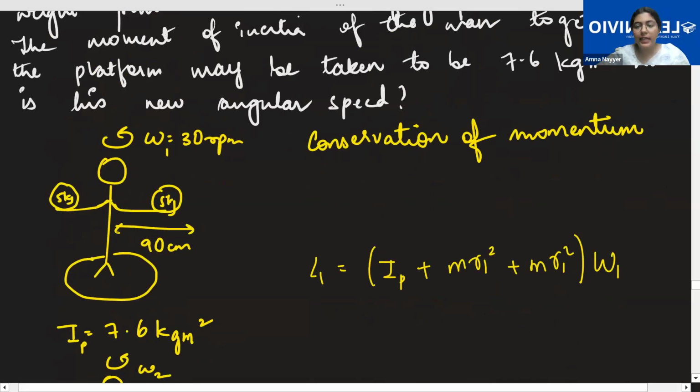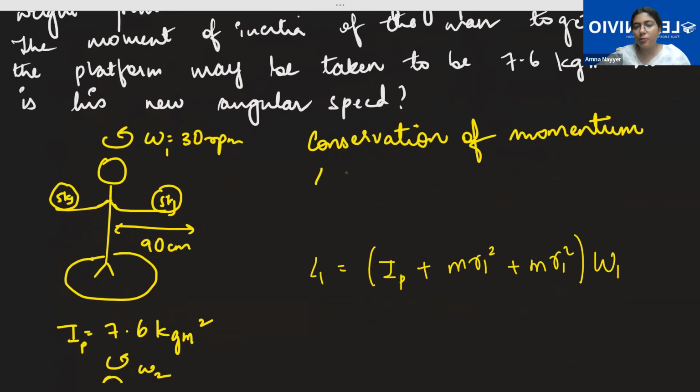Now, for angular momentum, what have we studied the formula as? The formula is I into omega. Now, omega for everything is fixed because the platform is rotating. If the platform was stationary and the man was rotating, the platform would not have rotated. Or we would have taken the platform speed as 0. The entire system is rotating, right?